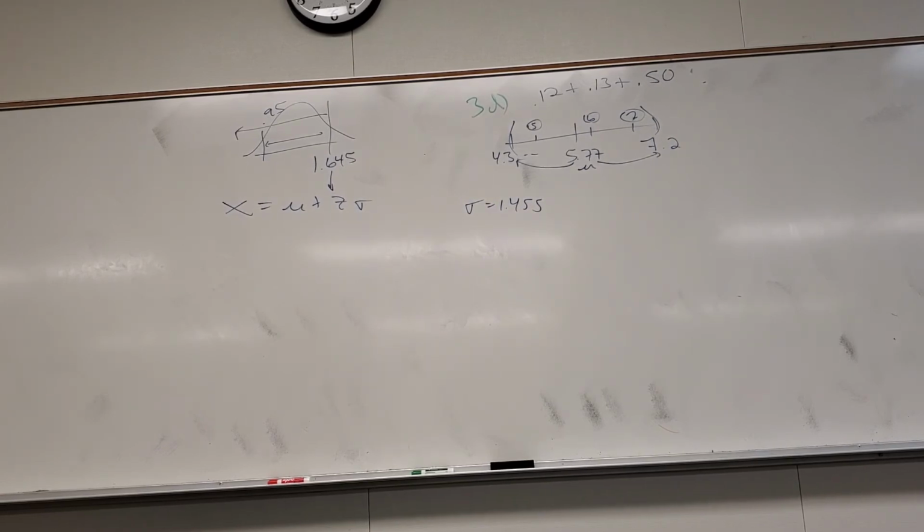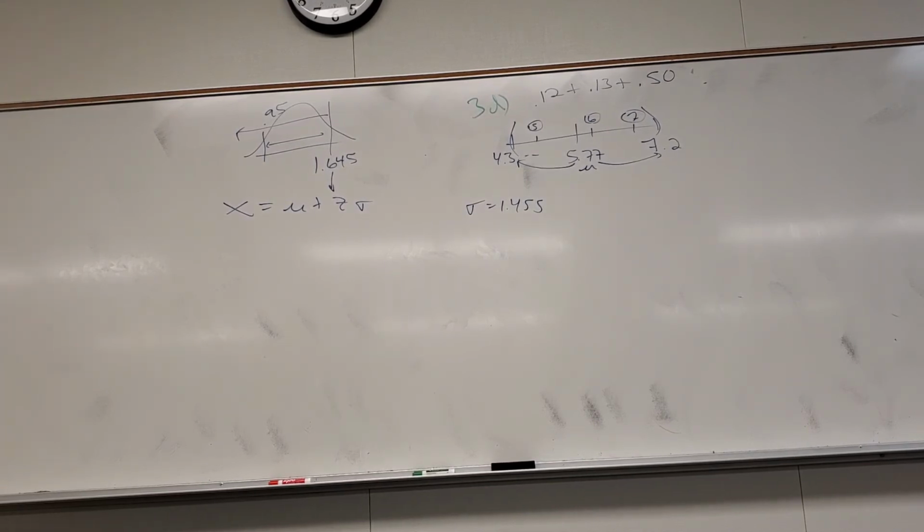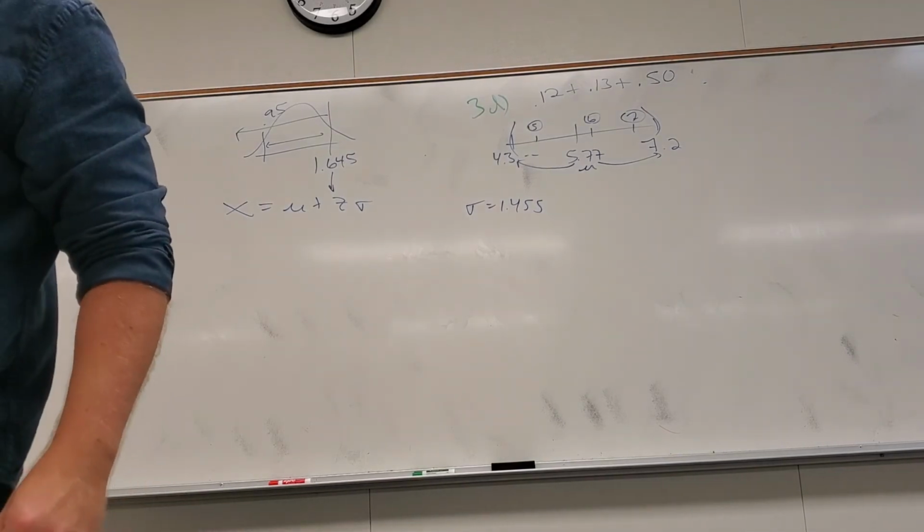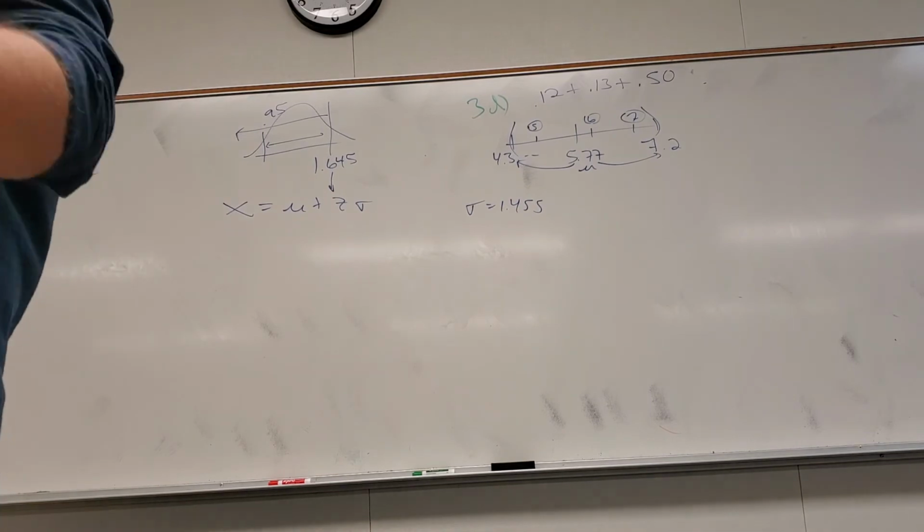Only if it's a percentage do you change it to a decimal. On those practice problems it was 0.03 because that problem was about percentages, within 3%. This is just within 3.